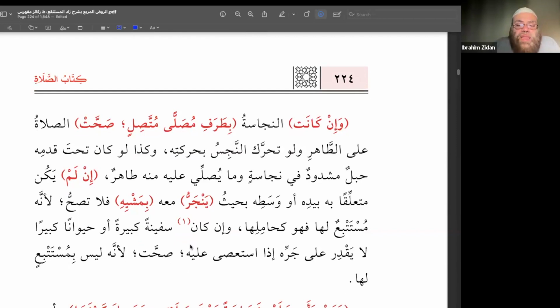What's the thing that makes the matter clear, whether it invalidates the salah or not, when a najasa is not on the person but is attached or connected?